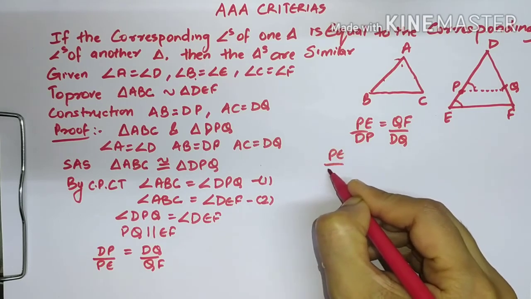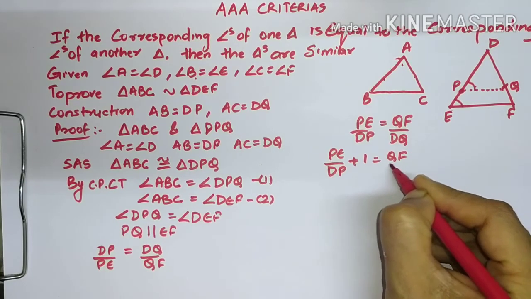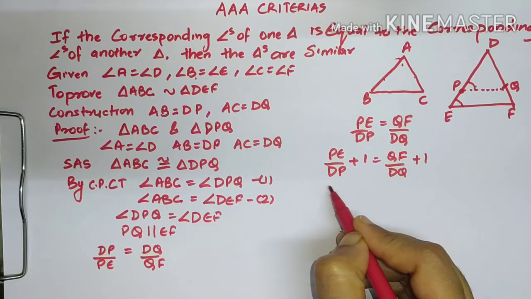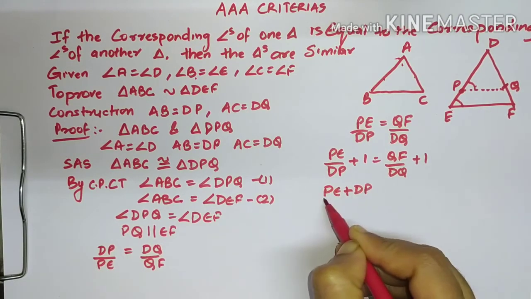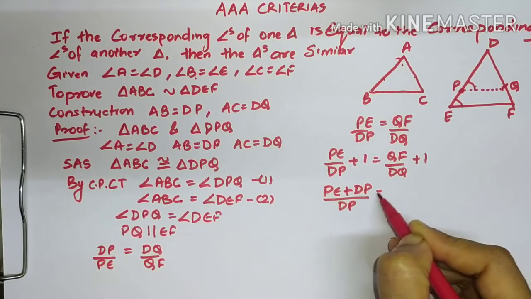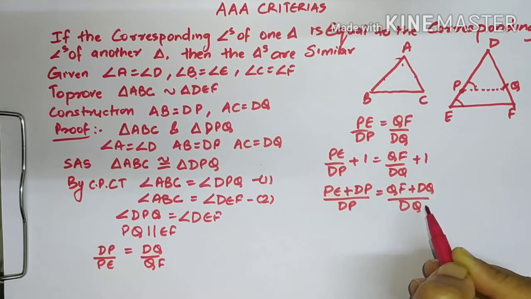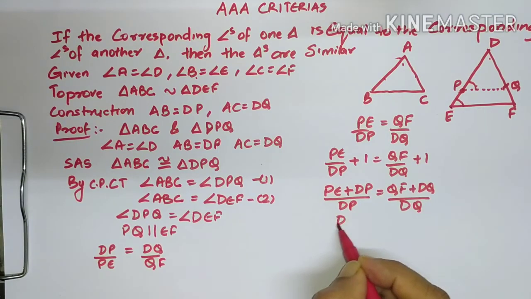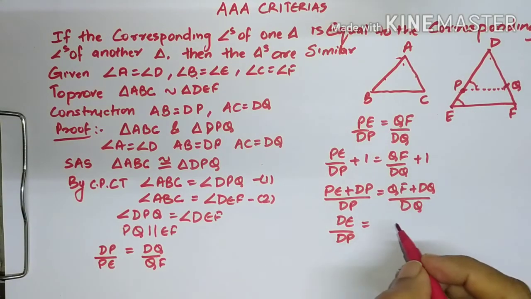That will make PE upon DP plus 1 is equal to QF upon DQ plus 1. Again I'll take the LCM, and that will make PE plus DP upon DP and QF plus DQ upon DQ. So just look, PE plus DP, what is that? That is DE. DE upon DP. Now look for the other one, QF plus DQ, that makes DF.